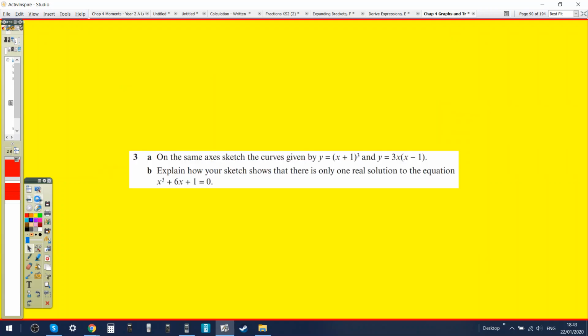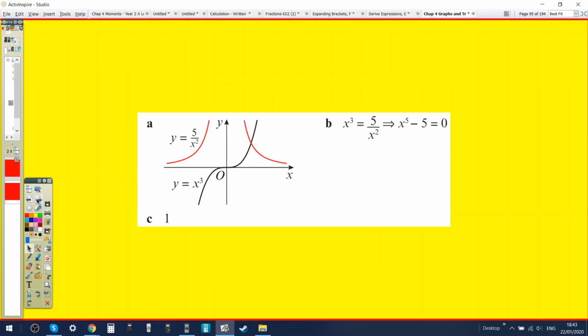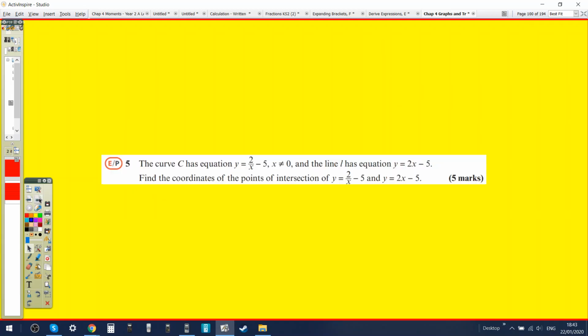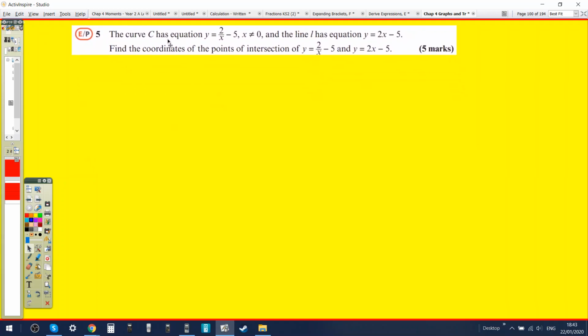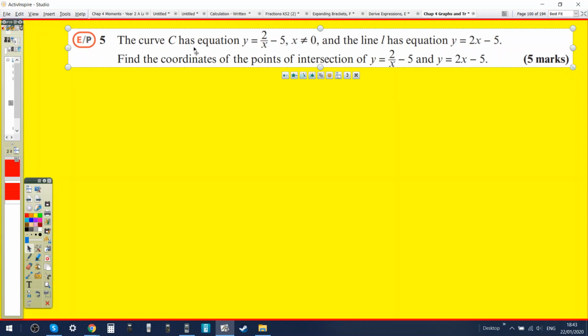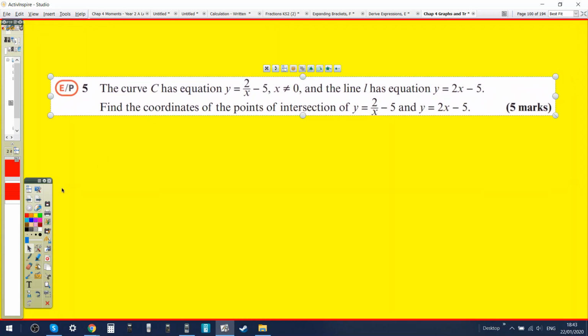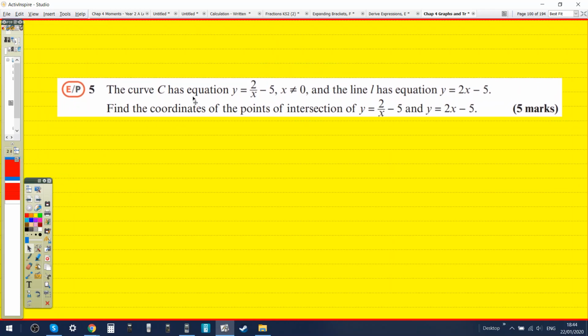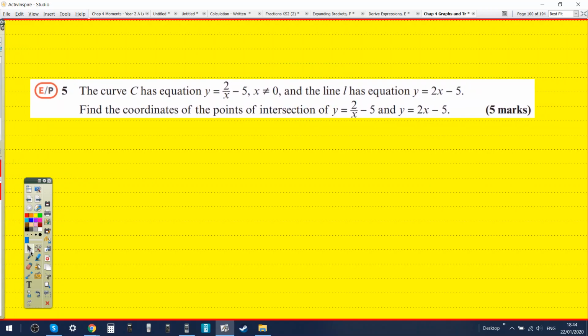Just want to see exam questions. Okay, how about this one? Can you move it down, please, a little bit? Thank you.